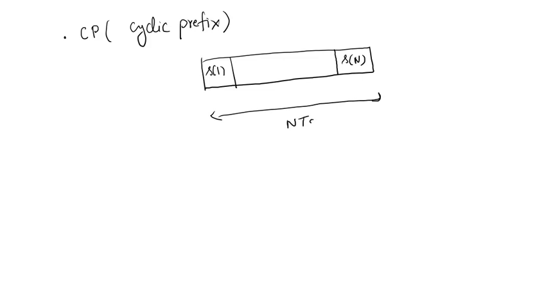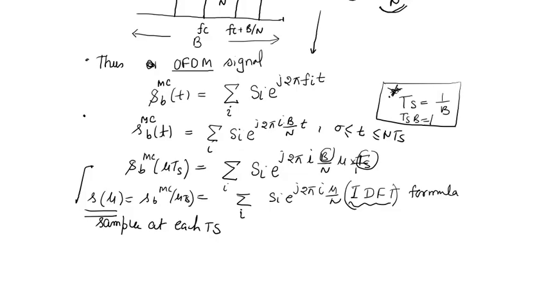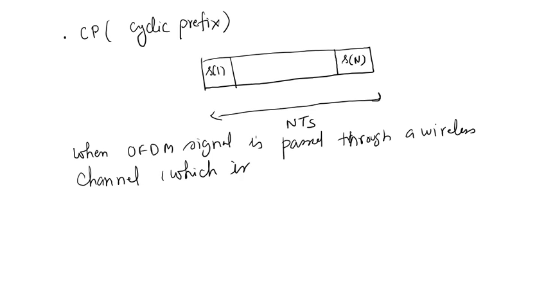So what we do, when the OFDM signal is passed through a wireless channel, which is modeled as an L tap delay line filter.